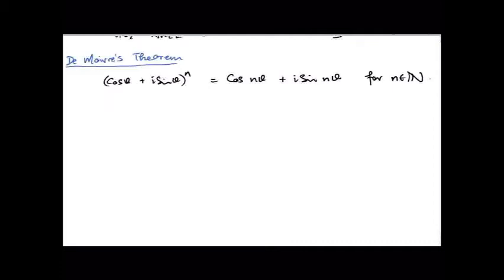Assume true for n equals k. Prove true for n equals k plus 1. And then draw your conclusions. It's a 4-step process. And obviously our conclusion hopefully is going to be that De Moivre's theorem is true. Okay, that's the conclusion we want to end up with.